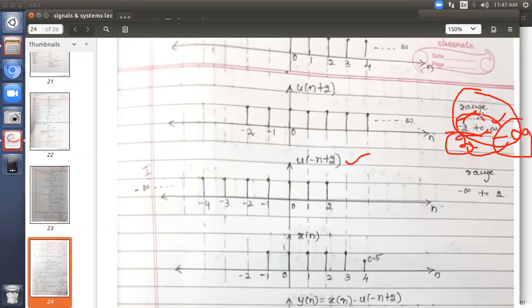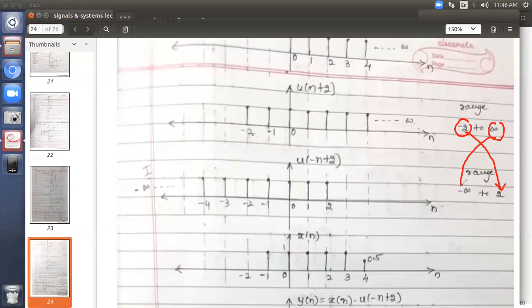When you are reversing the time, reverse the range also. Whatever value is here will go to the last place. This last will become the first with the negative signs. Minus of minus is plus. Okay, these are the ranges. So this is your u of minus n plus 2.